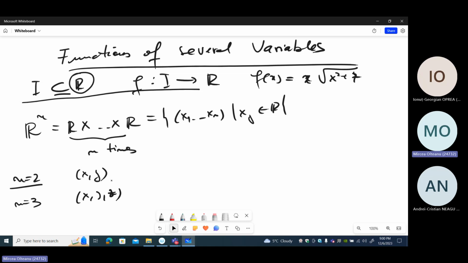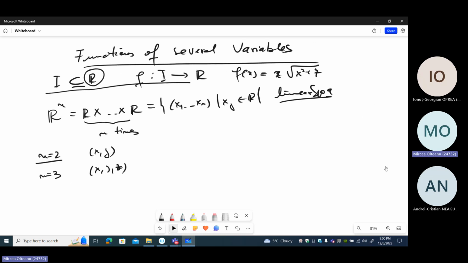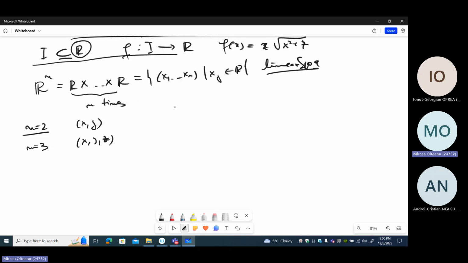Now, from linear algebra, we know that this is a so-called linear space. I shall not enter into details about linear spaces, but we shall use some elementary facts about them. Anyway, we can add vectors. The elements of R^n are called points or vectors.